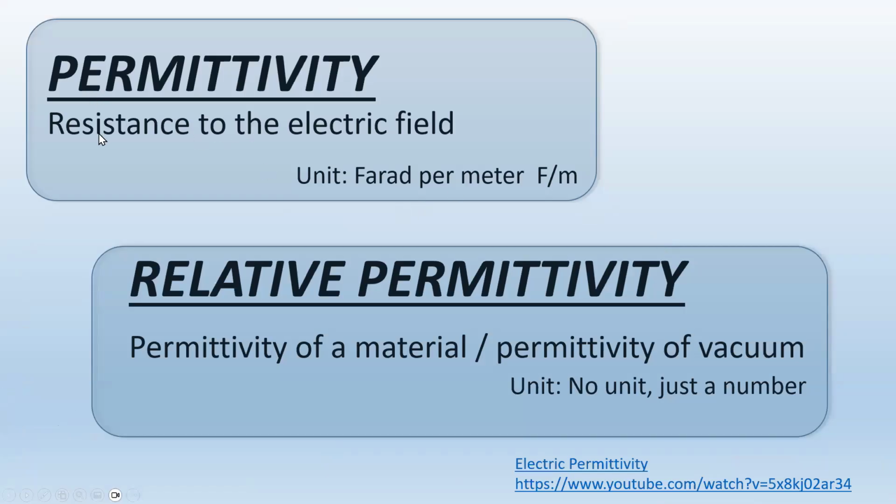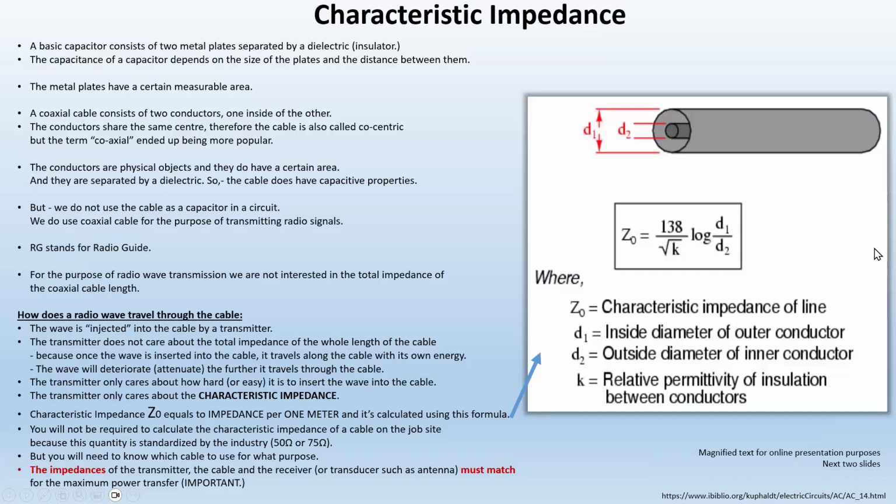Here I explain the permittivity and relative permittivity. In our case, permittivity is the resistance to the electric field, and relative permittivity is the permittivity of the material compared to the permittivity of vacuum. All right, so what I'm trying to say here, nowhere in this formula is the total length of the cable plugged in, right? So the characteristic impedance does not depend on the total length of the cable.